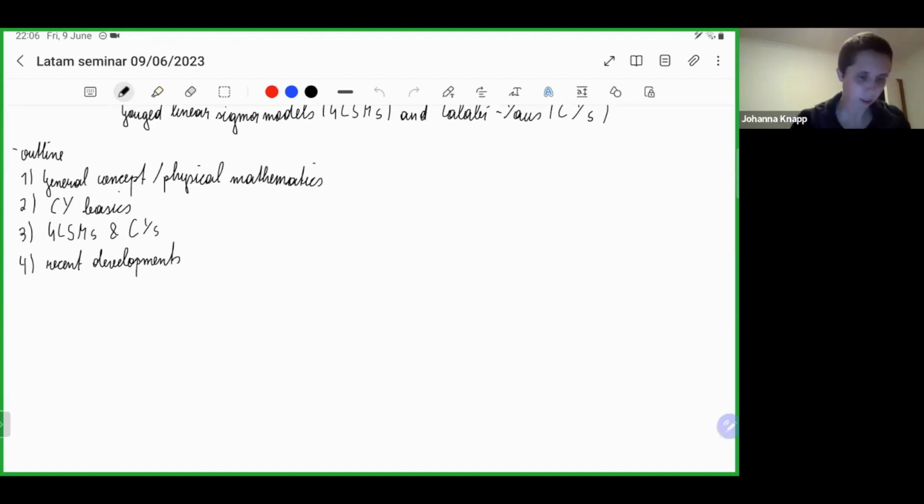So this will be the first part of the talk, to give a general idea of what we want to achieve with these gauged linear sigma models.